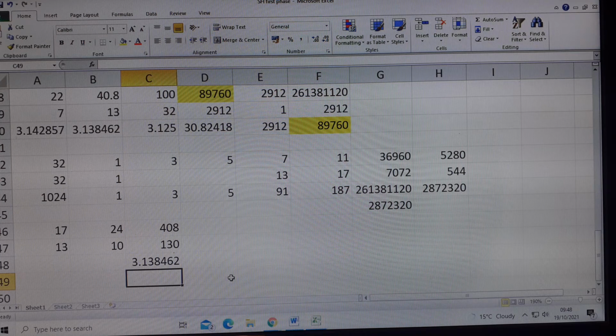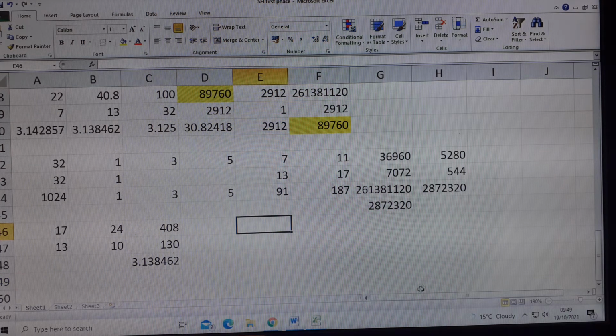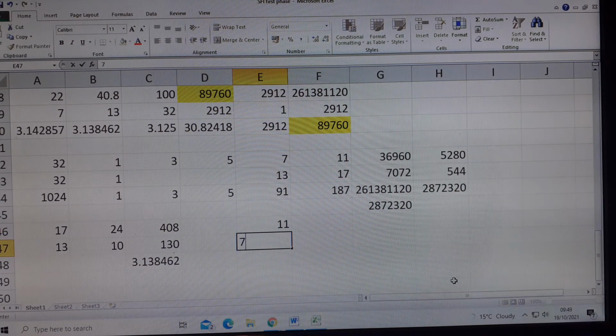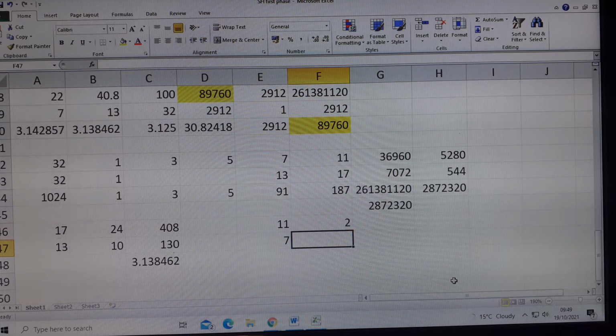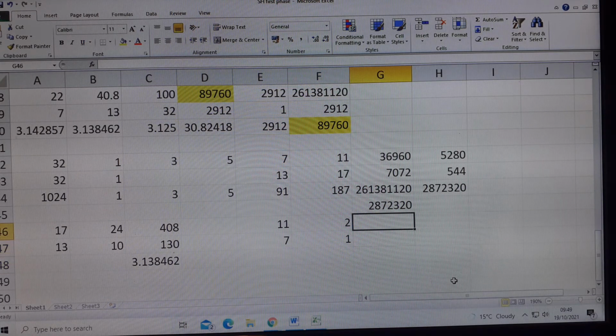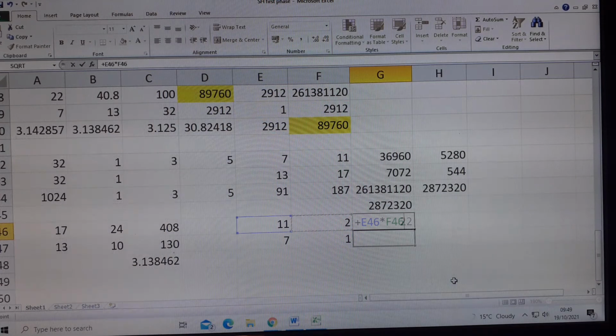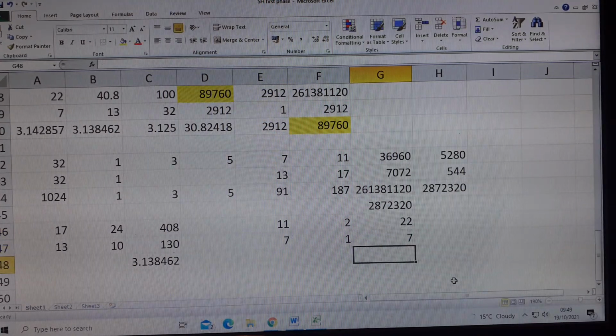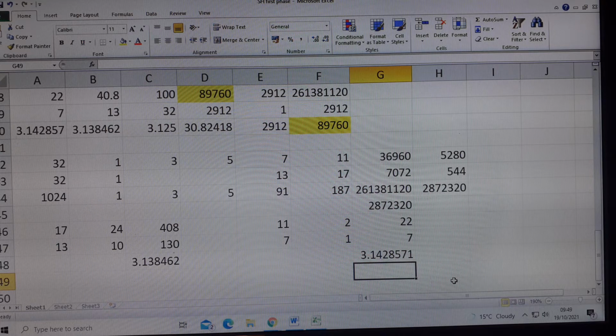And the other version of pi we know is 11, 7, 2, 1. And that's what they're using in this system, this prime number system, where 36960 divided by 7 is 5280 and 7072 divided by 13 is 544.